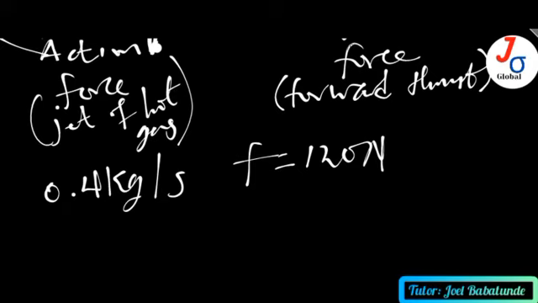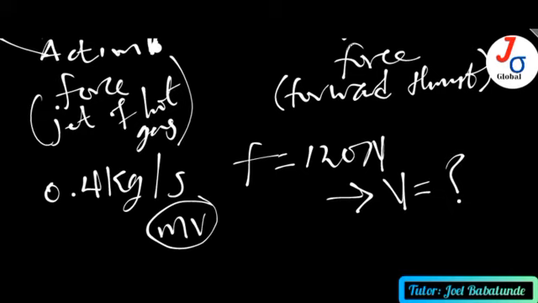Now the question is, what is the velocity that is going to be produced at the exhaust? What's the velocity? Remember that when we do momentum, it has to be mass and velocity at the action must be the same as the mass and velocity at the reaction.